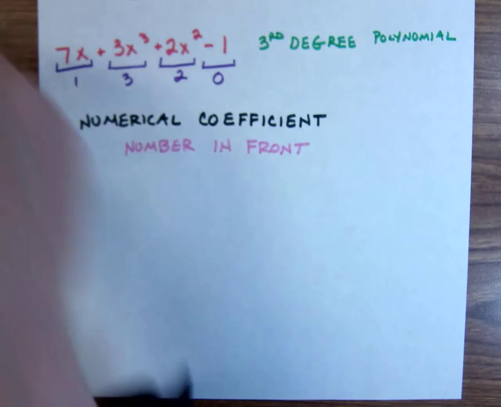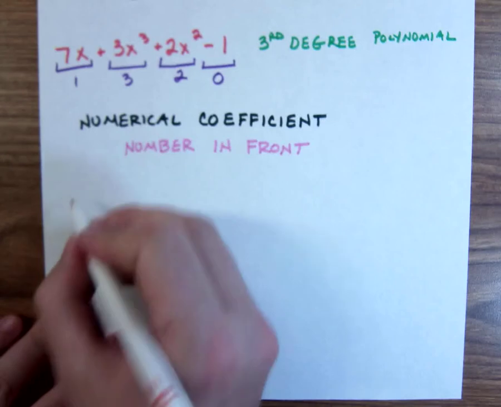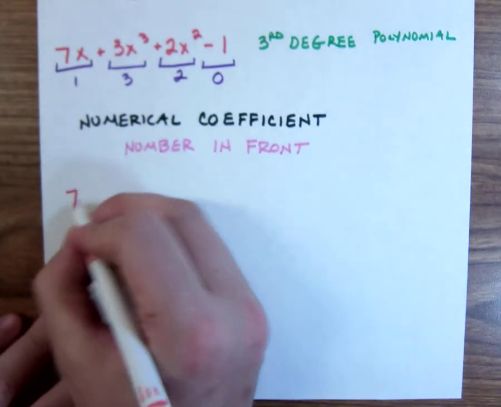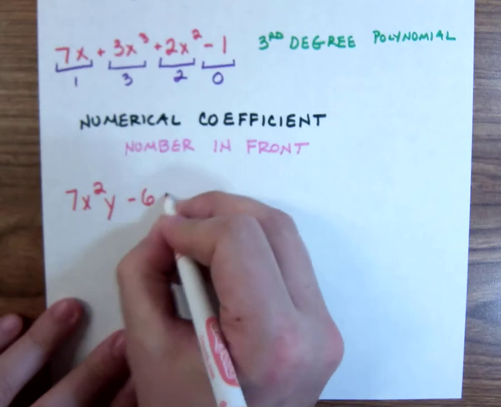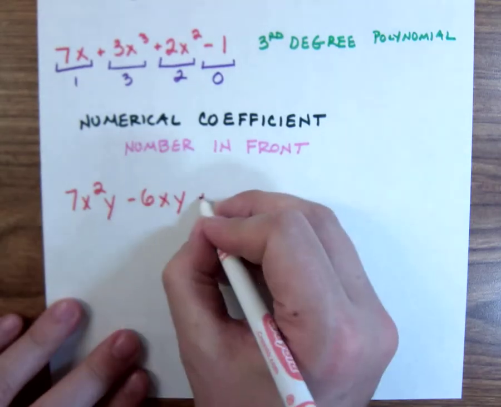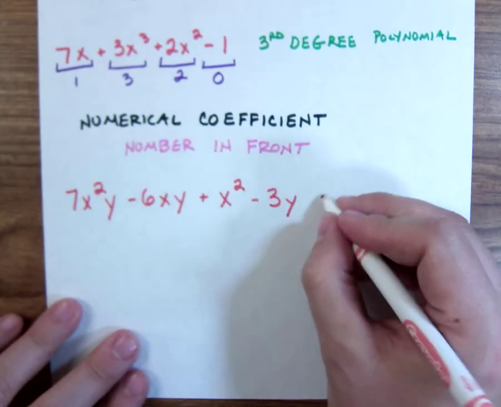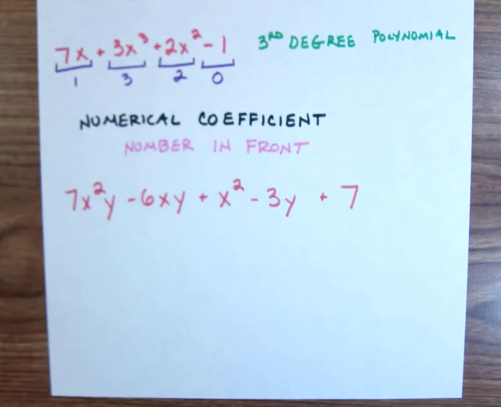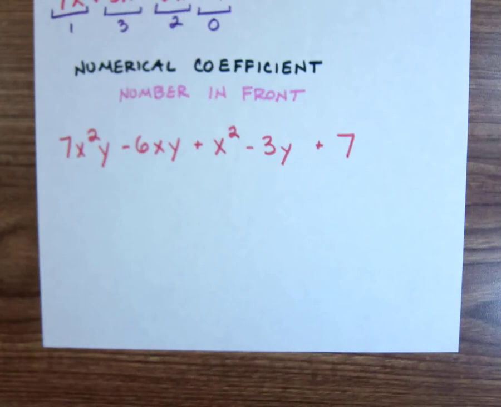So let me give you a polynomial here. That is a doozy, as the kids say. So this one obviously is a polynomial because it has a bunch of terms.